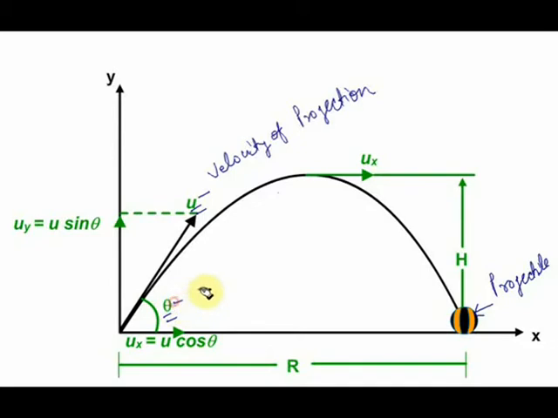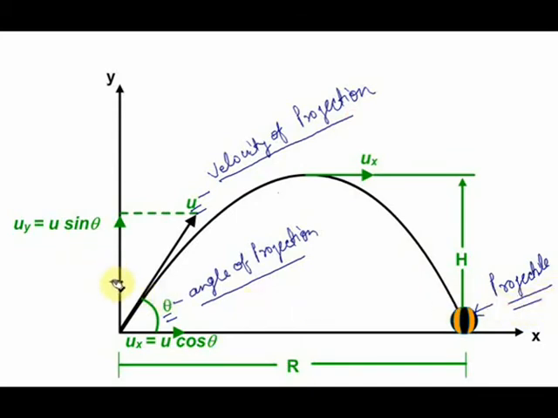This is the angle which the velocity vector makes with the horizontal. Here we can see that we can resolve this velocity vector into two components, one along the horizontal, which we will denote by ux. So ux will be equal to u cos theta, and uy will be equal to u sin theta.